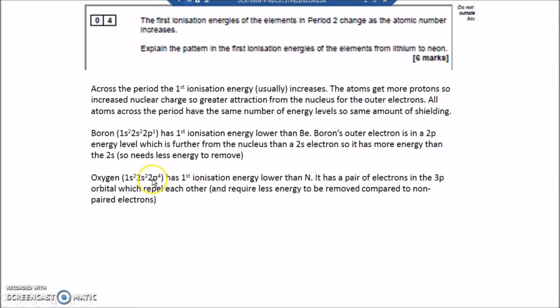So one of the other p electrons has got to pair up with this fourth electron. And when you get a pair of electrons, in other words 2p4, they repel each other. And when they repel each other, they need less energy to be removed during the first ionization energy compared to non-paired electrons, that is if it's 2p1, 2p2 or 2p3, where they've not got to pair up.